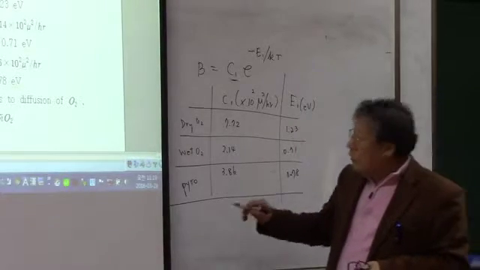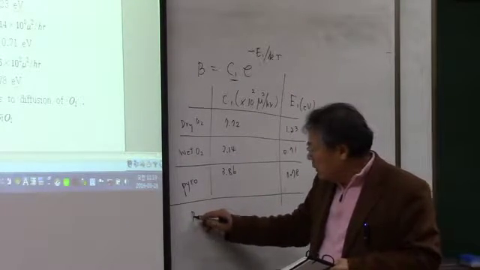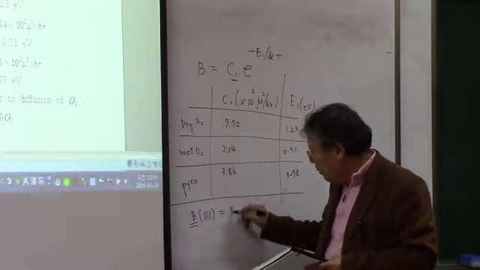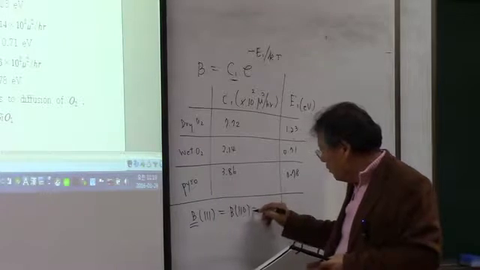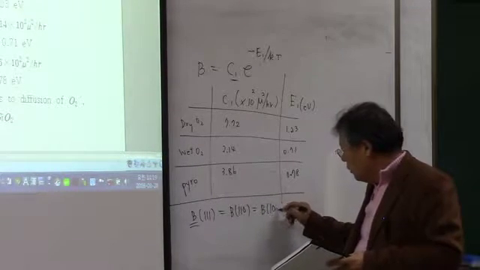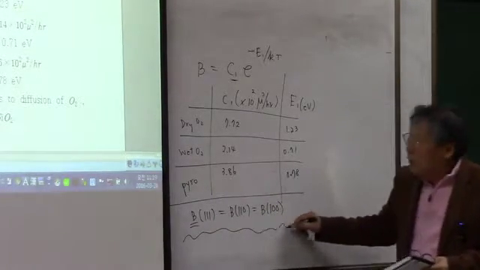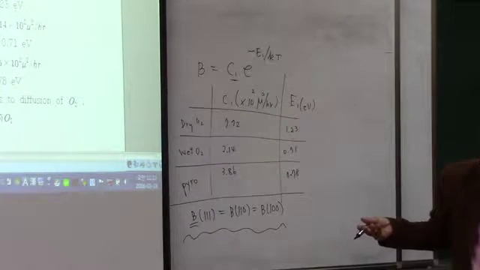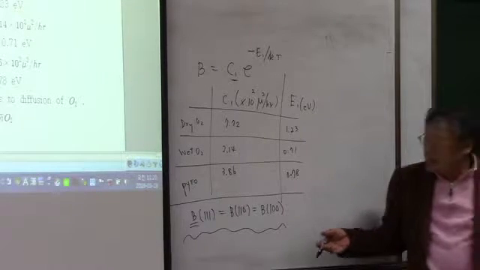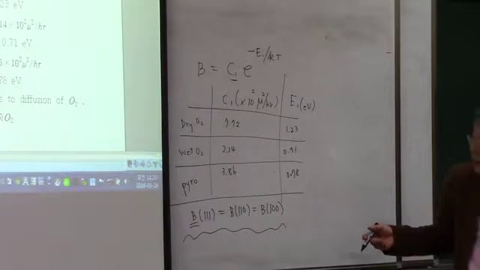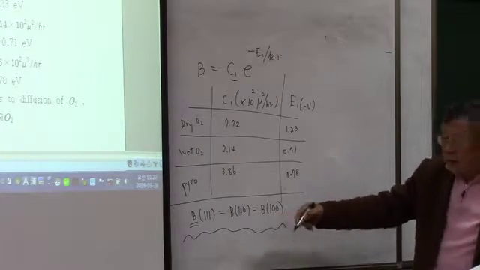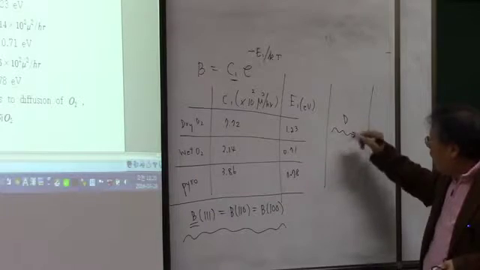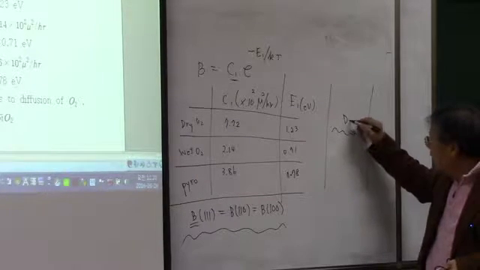And one thing we should notice here, as far as B is concerned, B111 should be equal to B110, should be equal to B100. That's what we can see in this figure. And that should be pretty much so, because B is nothing but the diffusion of the oxidant, okay?